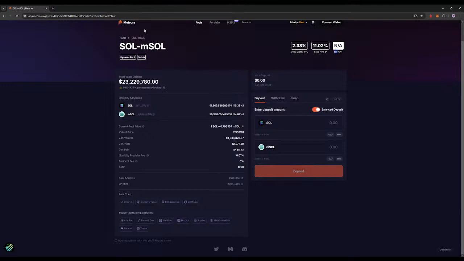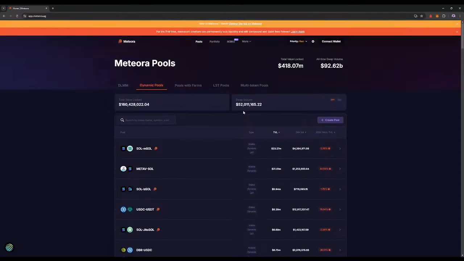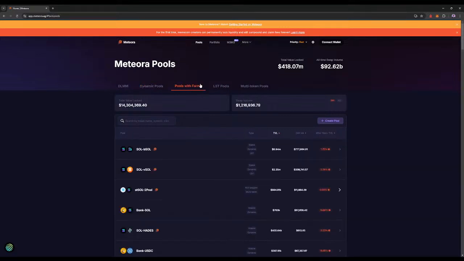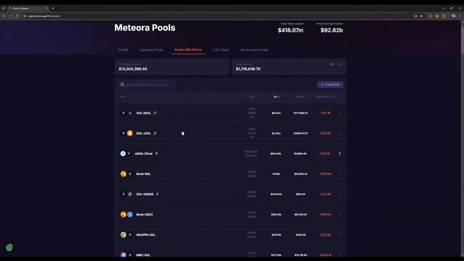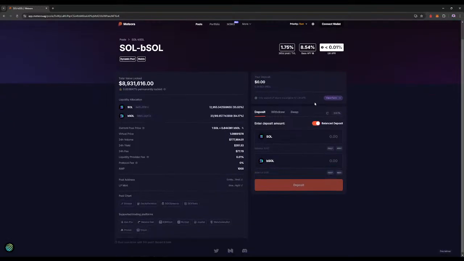So for example, if we look at a pool that has a farm, you can always scroll to this page and look at all the pools in this page that have a liquidity mining farm ongoing. If I check this pool, there is a farm available.